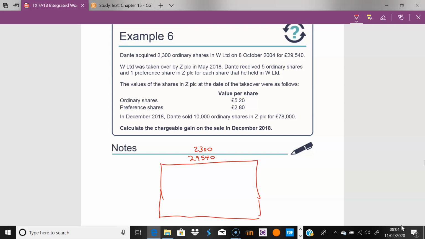Now, you got taken over by this company, ZPLC, in May. And what happened was you received 5 ordinary shares and 1 preference share. So someone literally split your land up into 5 ordinary shares and 1 preference share.